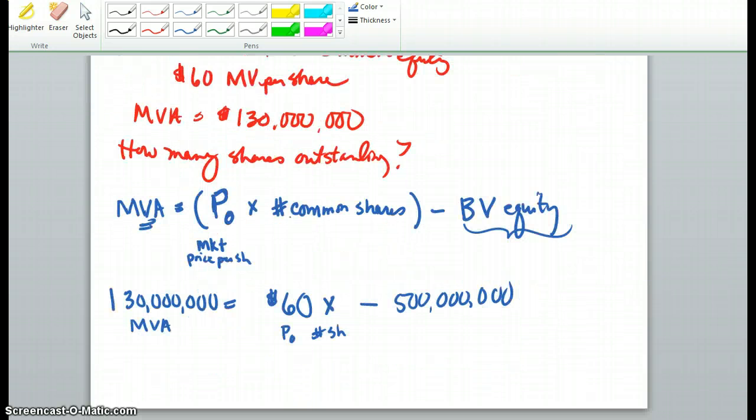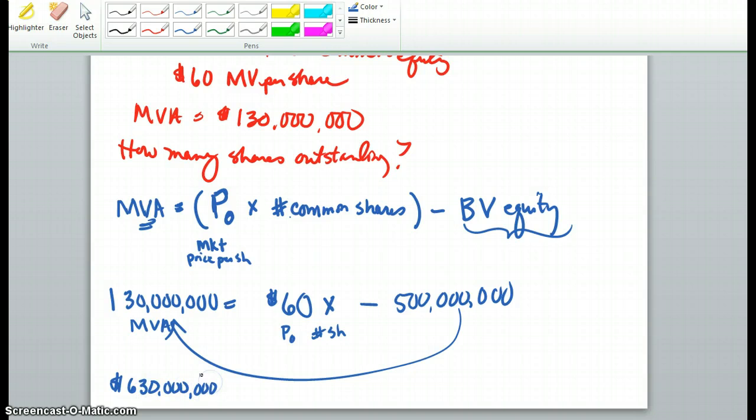To solve this equation, I would bring 500 million over to this side. Since it's a negative here, it will become a positive here. And so my equation could be reduced down to 630 million equals 60x.